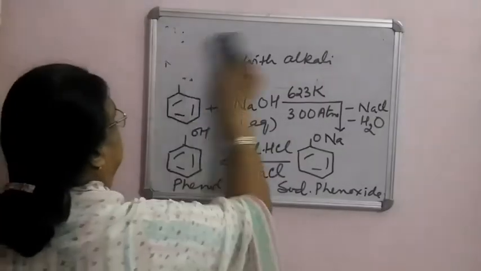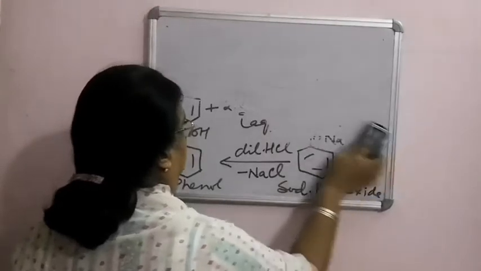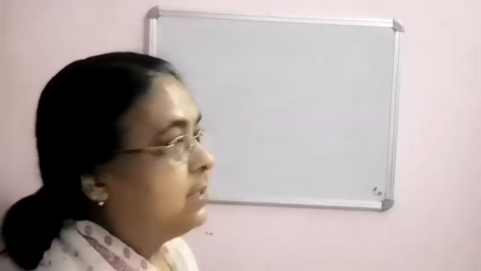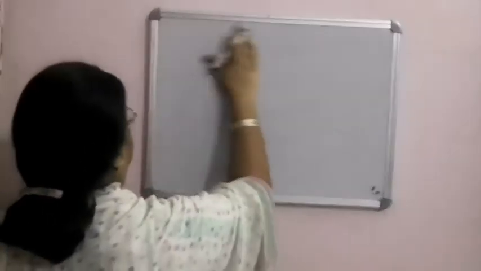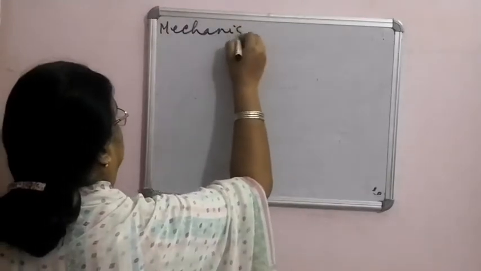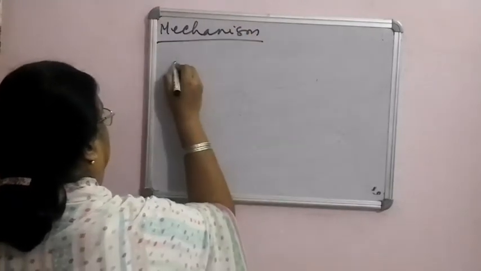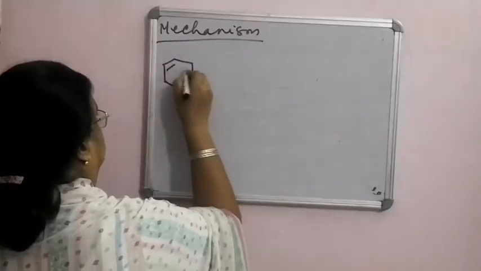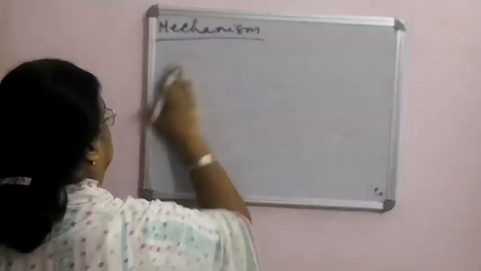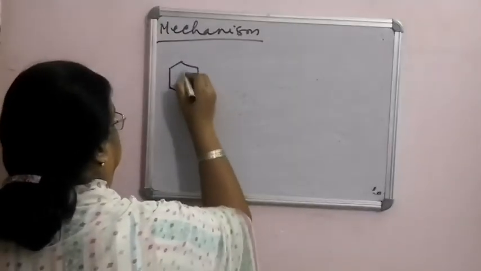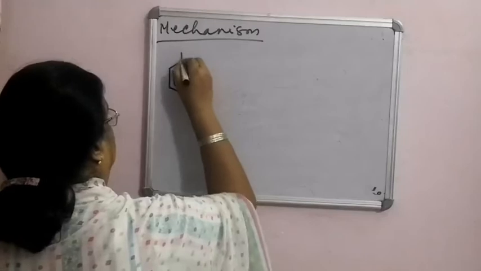The mechanism of this reaction is also in the course. So I give you this mechanism, but this mechanism is not given in your book, but is mentioned in the syllabus. So stepwise we'll go. So mechanism. Chlorobenzene, Cl.